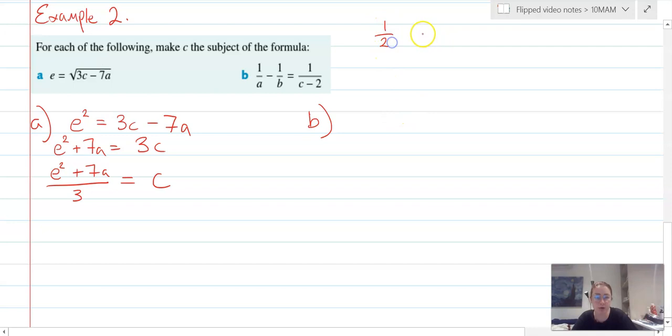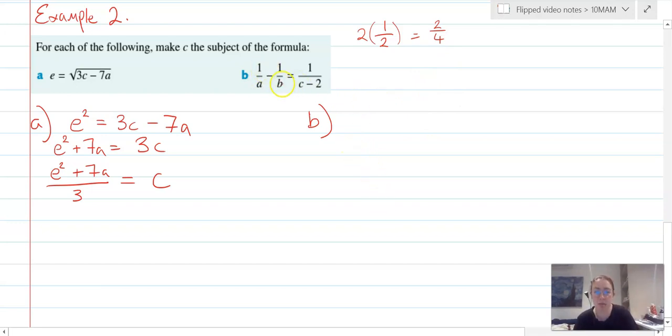Like if we have 1/2, we can multiply that whole thing by 2, and we're effectively just ending up with 2/4. So 2/4 is still the same fraction as 1/2, so we're not changing anything.